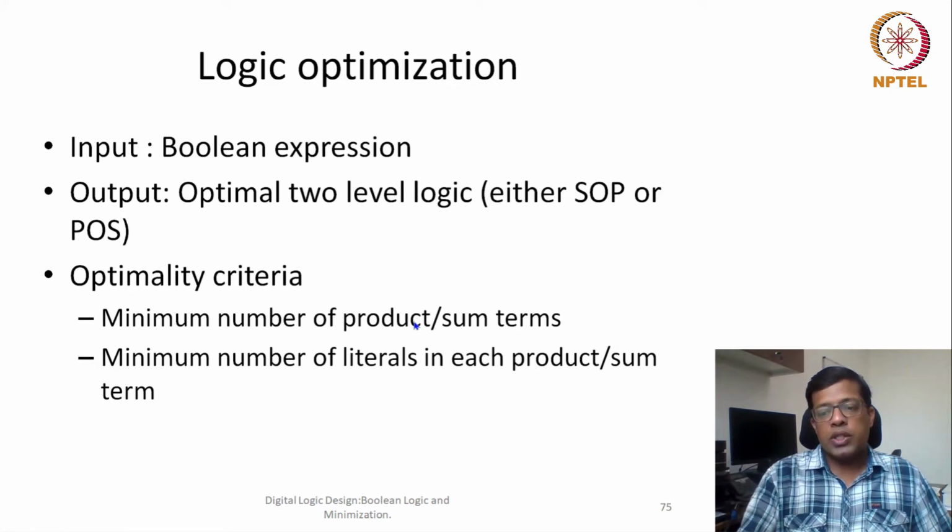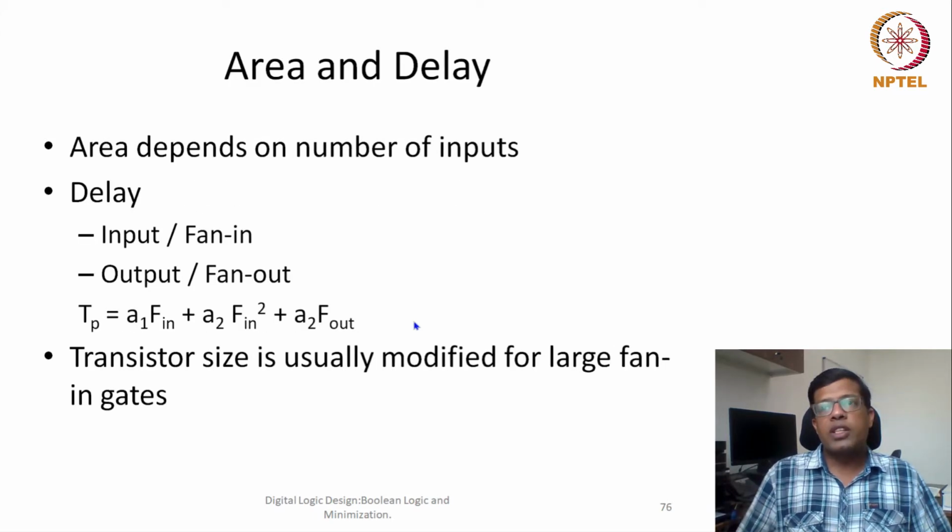So if we understand the impact of the number of inputs of a gate, then we would be able to understand this optimality criteria. Now when we talk about hardware, cost is a vague term. It could lead to multiple metrics.